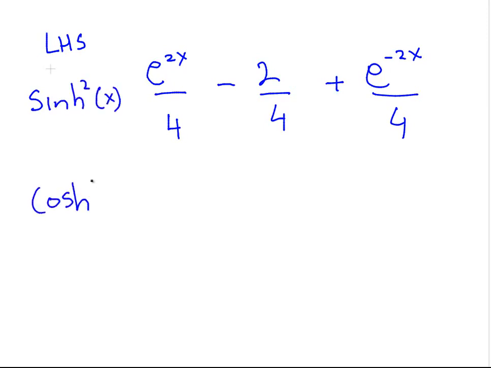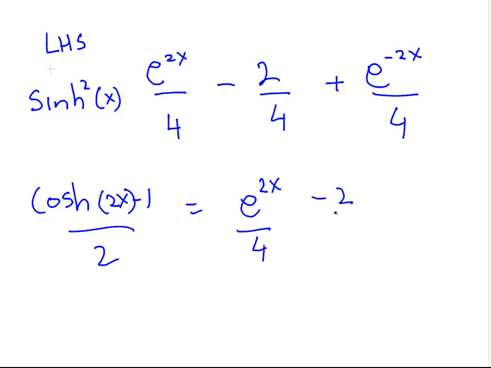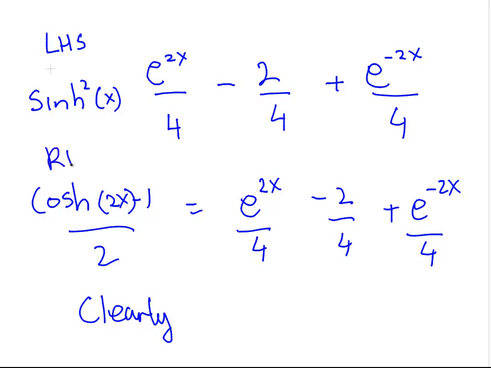Cosh of 2x minus 1 over 2 is equal to e to the 2x over 4 minus 2 over 4 plus e to the minus 2x over 4. Just look over your answers there. Clearly, the left hand side and the right hand side are equal to each other.